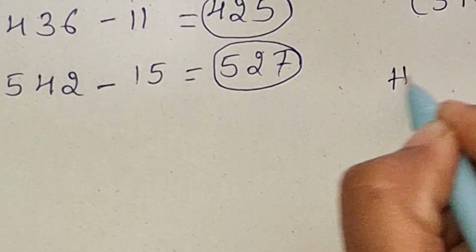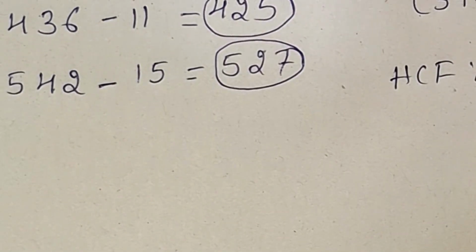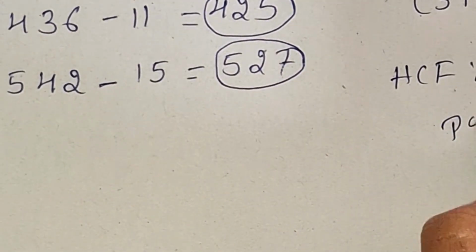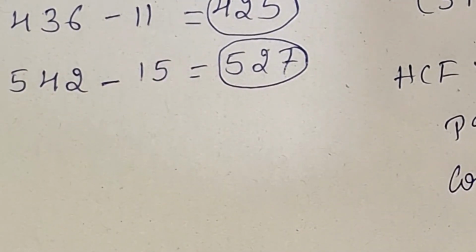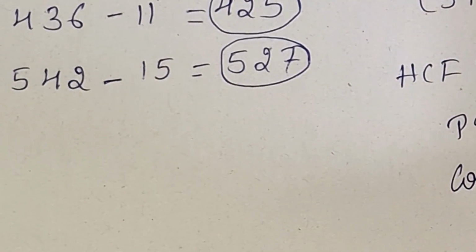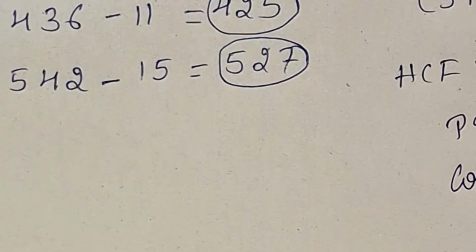We know that HCF is the smallest power of each common prime factor. This is the definition of HCF. I have explained this completely in the Real Numbers chapter video on my YouTube channel, so you can go and watch it.